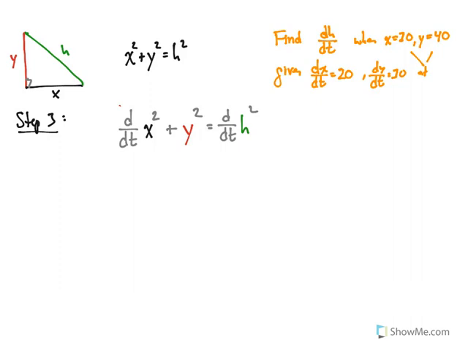We have to do implicit differentiation. That's going to be 2 times x times the derivative of x, dx/dt. This is going to be plus the derivative of y, which is 2y times the derivative of y, dy/dt. And that is going to equal 2h times the derivative of h.